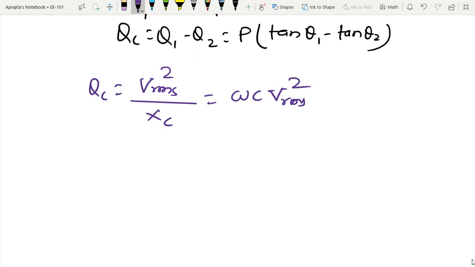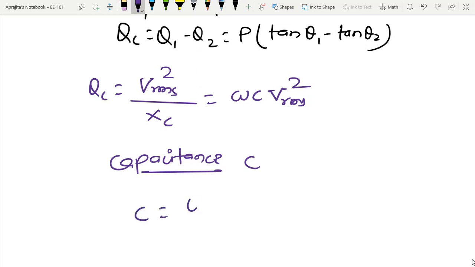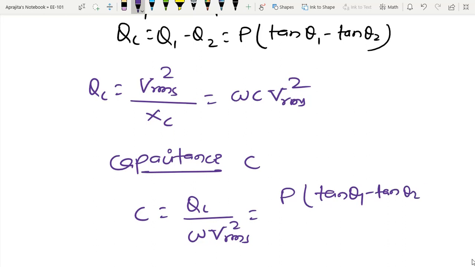The capacitance C I can calculate like this: QC by omega Vrms square, so that is P times (tan theta 1 minus tan theta 2) by omega Vrms square.